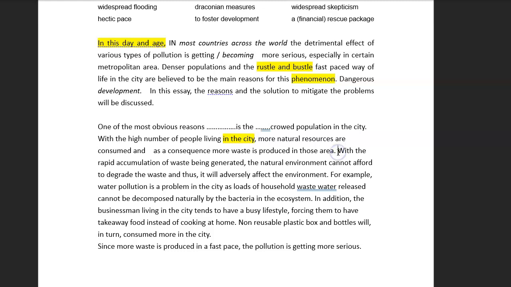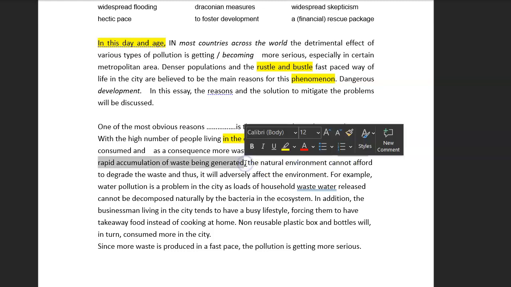I'm not sure about starting the sentence with that.